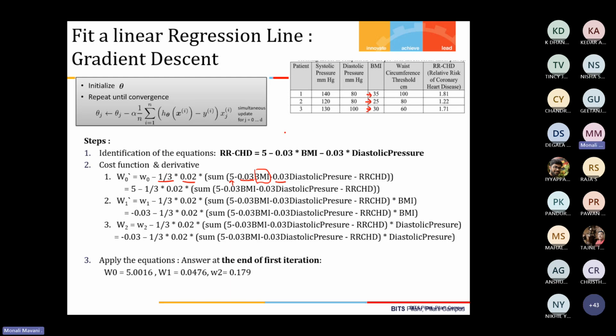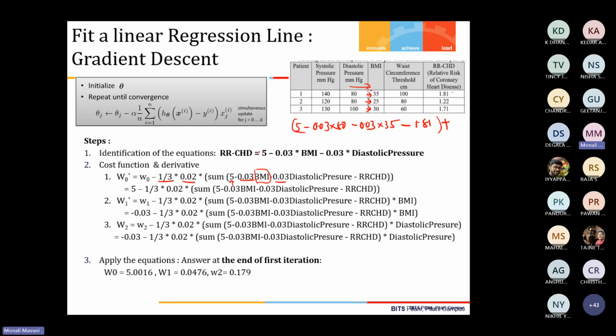So first we will make this equation. We have only BMI and pressure, these two. So the first term will be 5 minus 0.03 multiplied by 35, minus the corresponding 1.81.